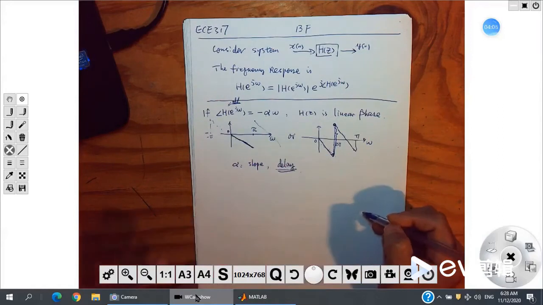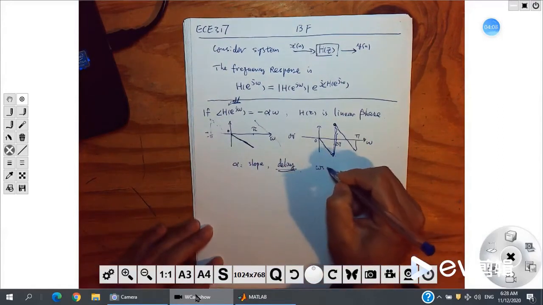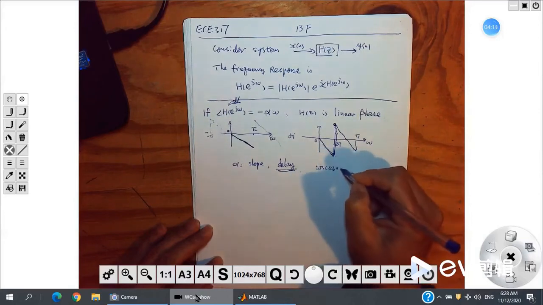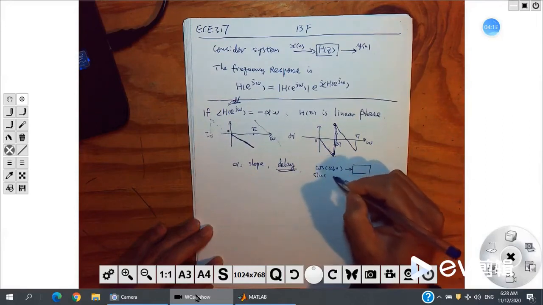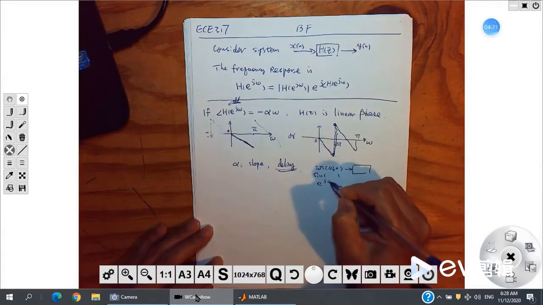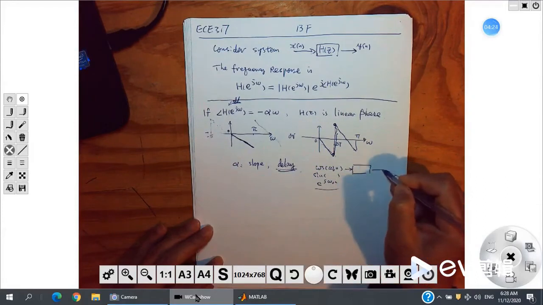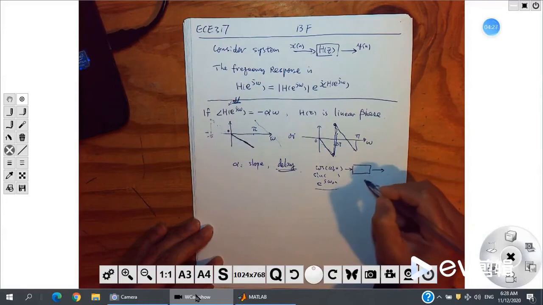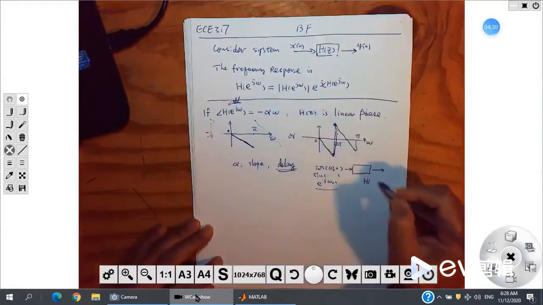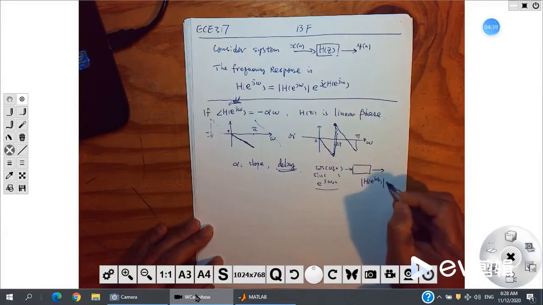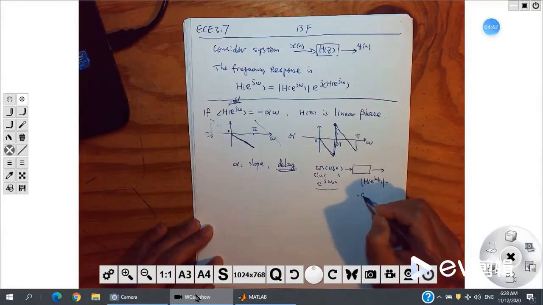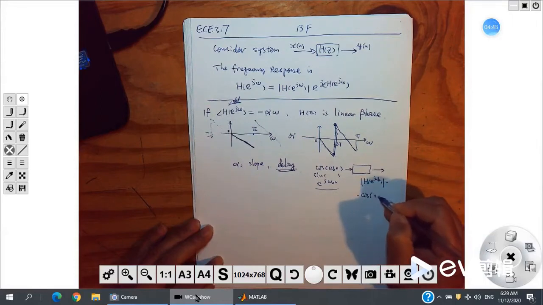Delay means if the input is a cosine of some omega 0 n, or sine, or e to the j omega 0 n, this kind of thing, then on the output side the amplitude is changed by the magnitude, times cosine of omega 0 n shifted by that alpha.